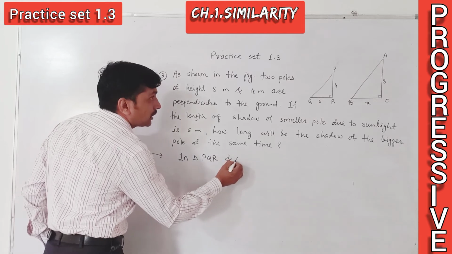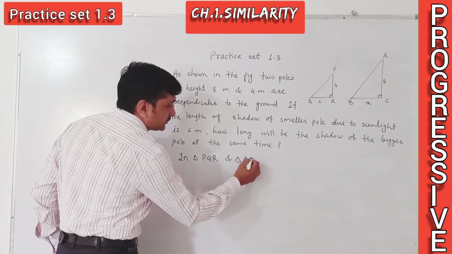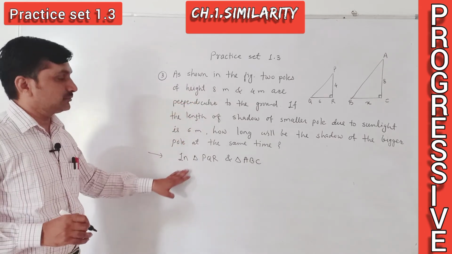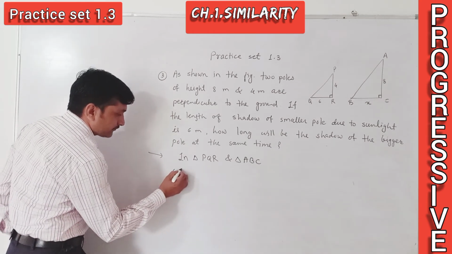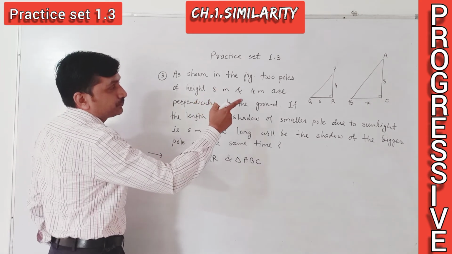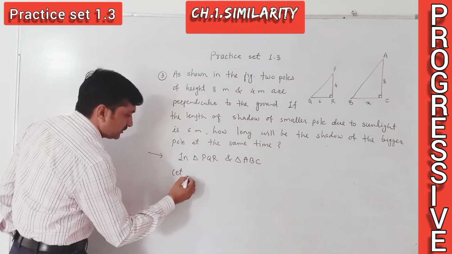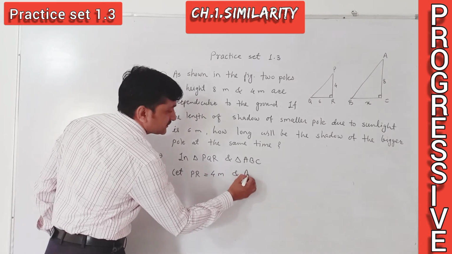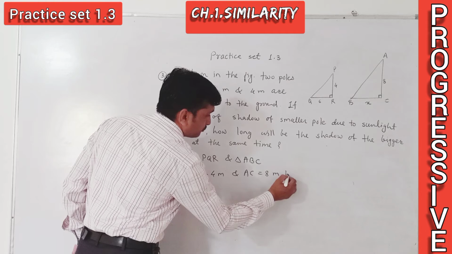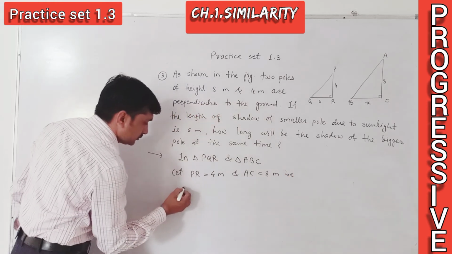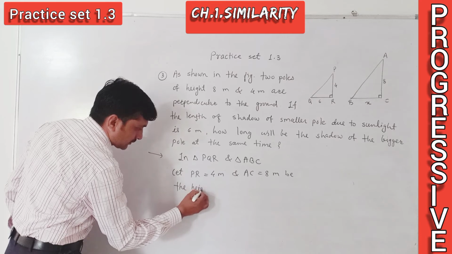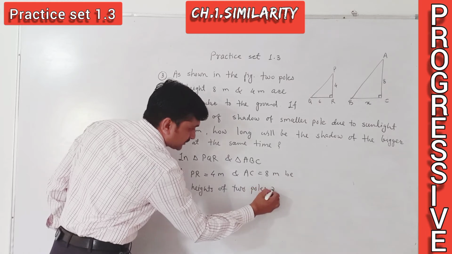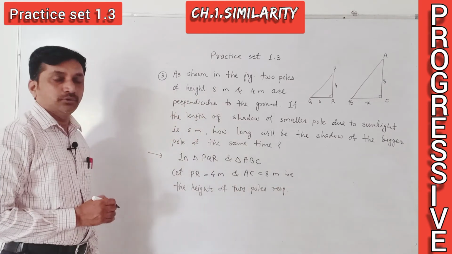Therefore, in triangle PQR and triangle ABC, in these two triangles, first we will write what is given. Let PR and AC be the heights of the two poles respectively. PR is equal to 4 meters and AC is equal to 8 meters.